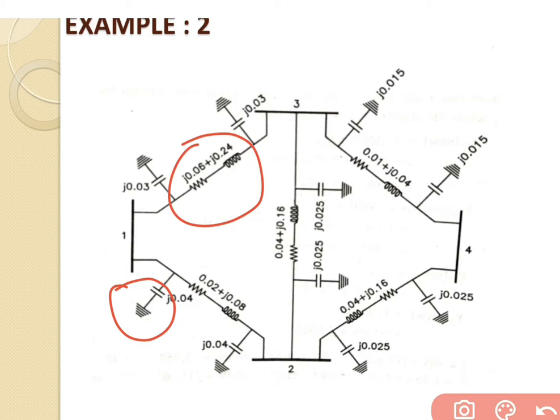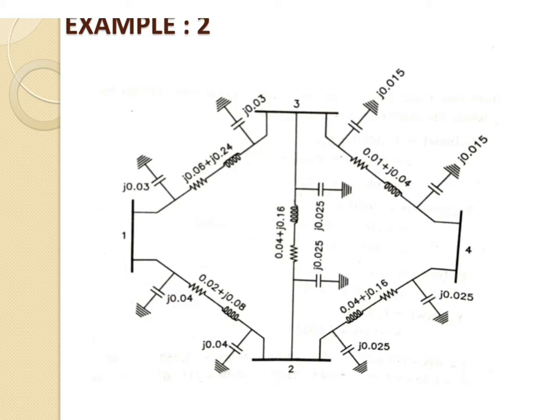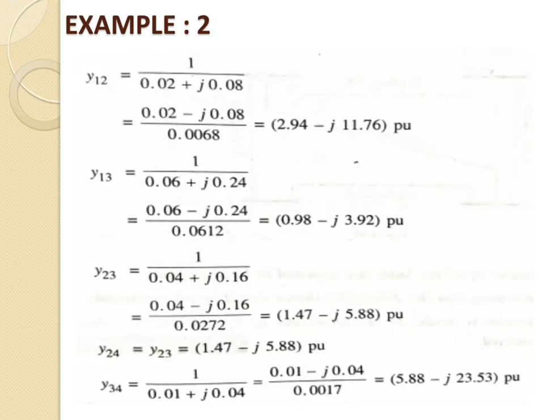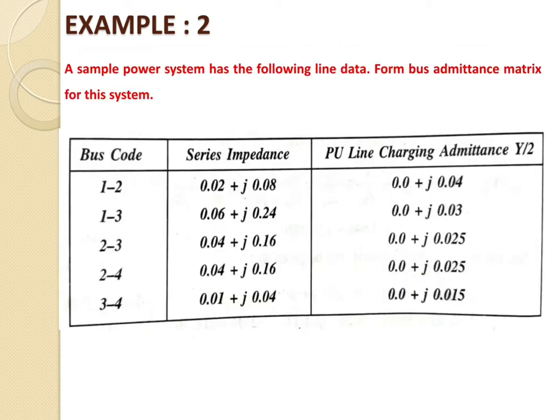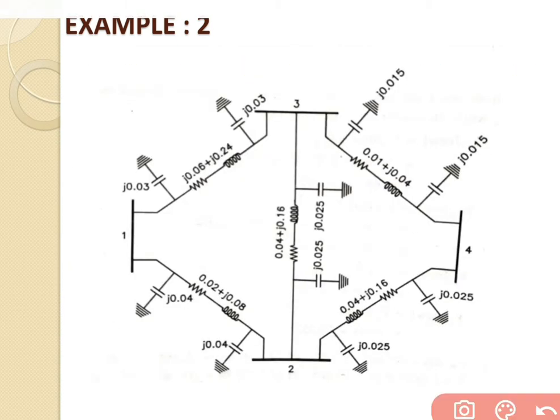Now we will go for the example, and from this example we have to formulate the Ybus. First, let us consider Y12. Go to the figure for Y12. This is from bus 1 to bus 2, and in between the impedance is 0.02 + j0.08.